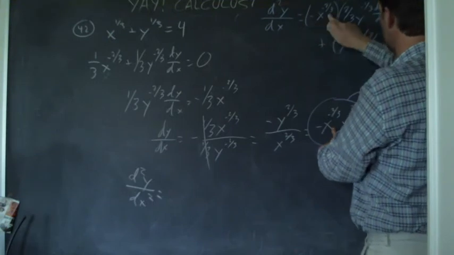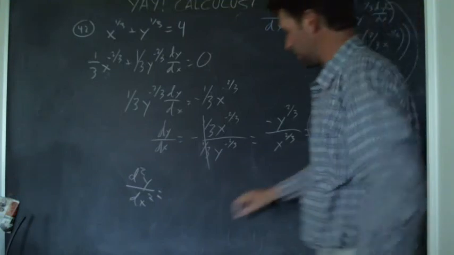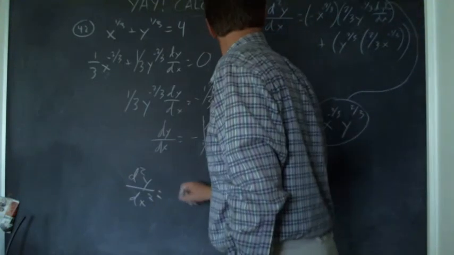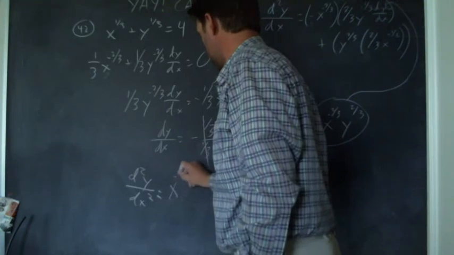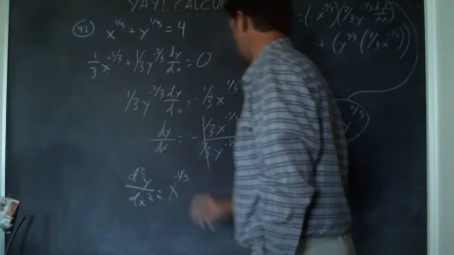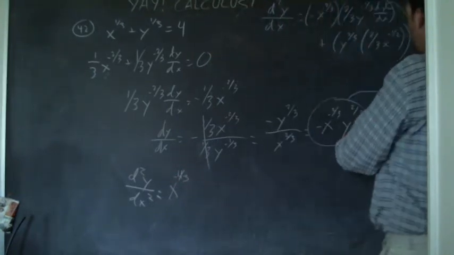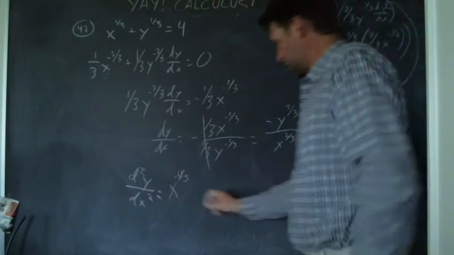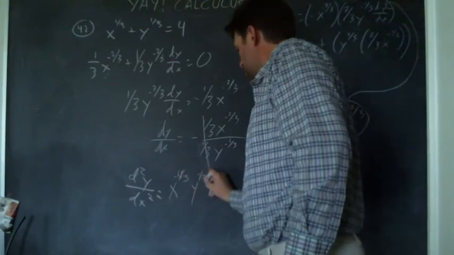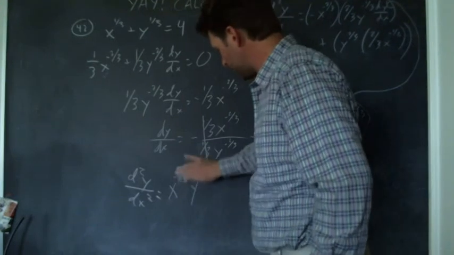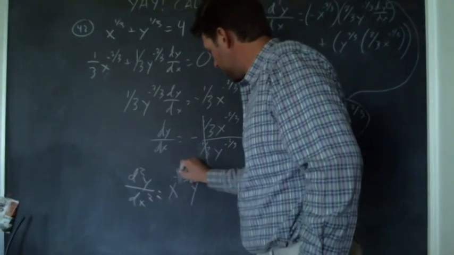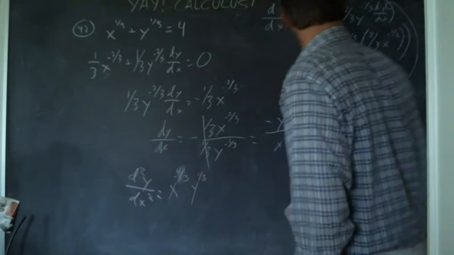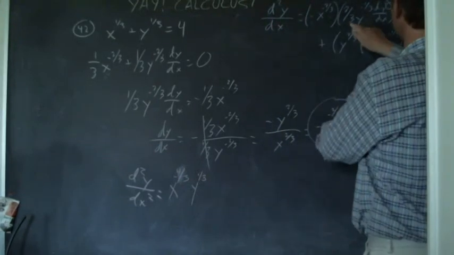X to the negative 2/3 and x to the negative 2/3 is x to the negative 4/3. Y to the 2/3 and y to the negative 1/3 makes y to the 1/3. Negative 4/3. Alright, so that takes care of that and that.